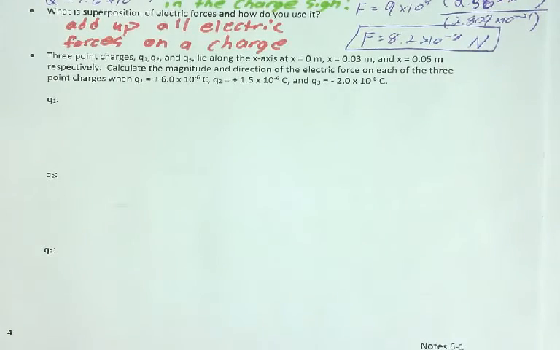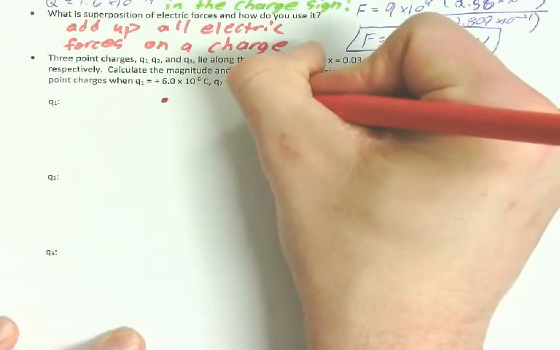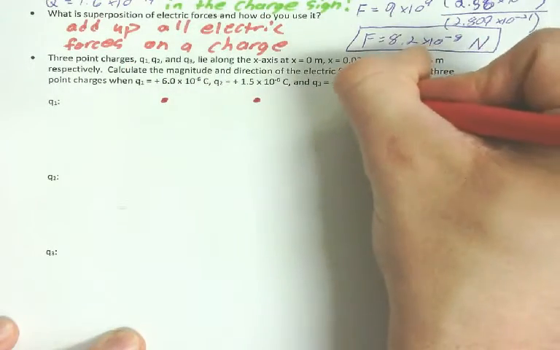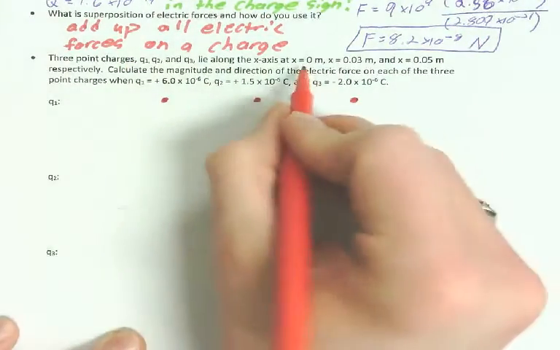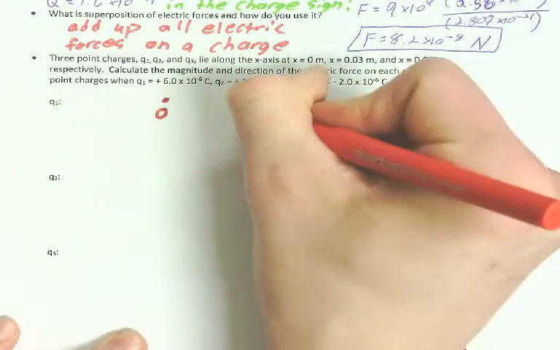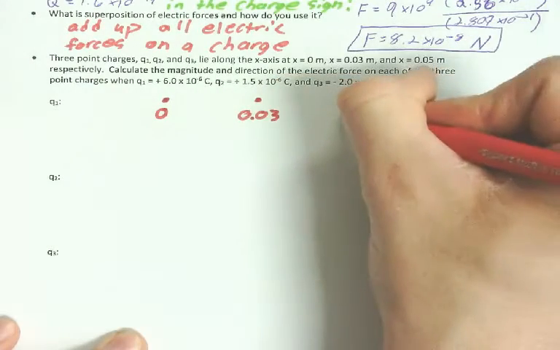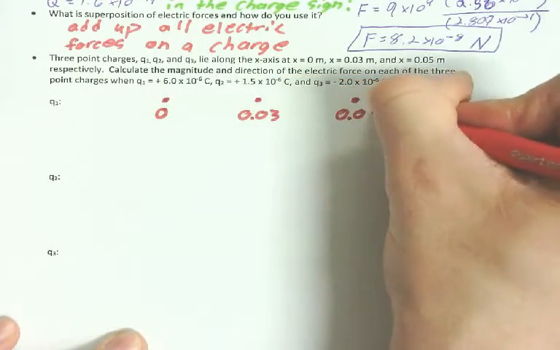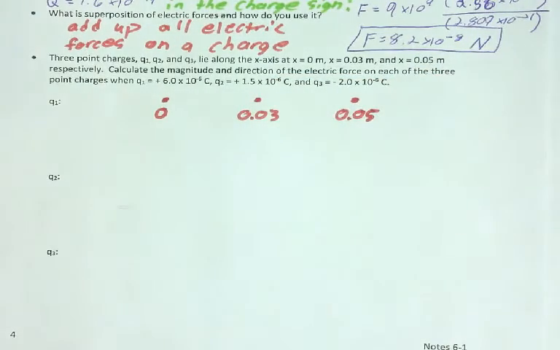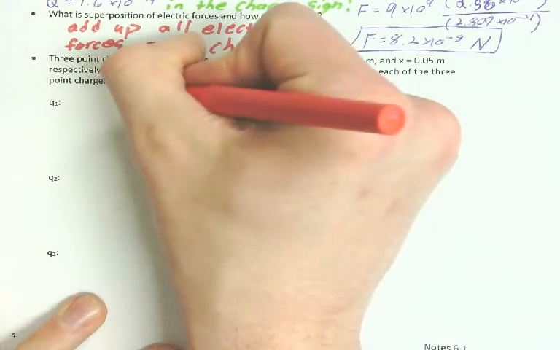All you have to do is draw 3 charges. Write their positions, 0, 0.03, 0.05. And write their values. 6 times 10 to the negative 6.